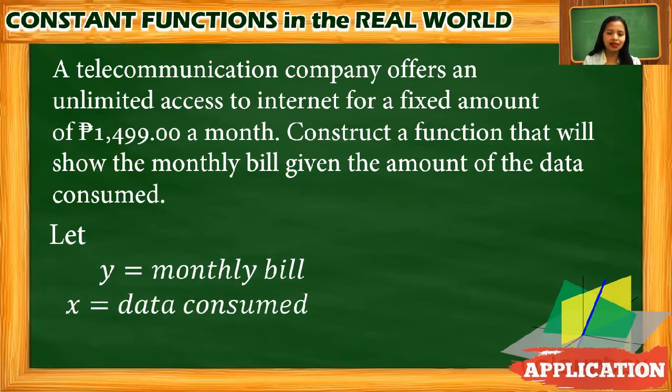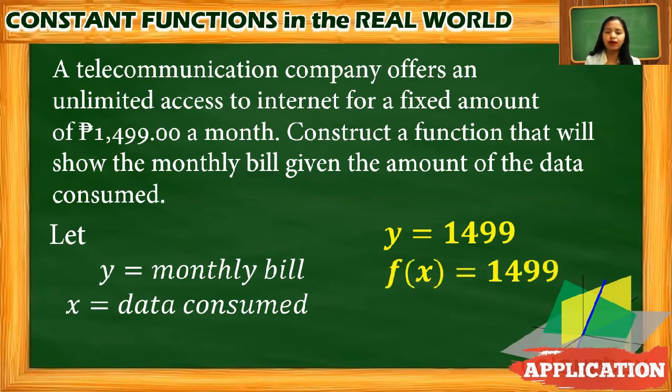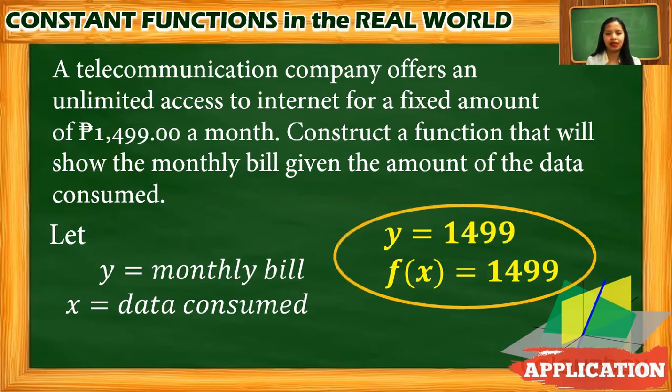Next is x, that is equal to the data consumed by the customer depending on how they use the internet connection. So we have y is equal to 1,499 and that is just equal to f of x is equal to 1,499 and that's it. We already constructed a constant function based on the problem given.